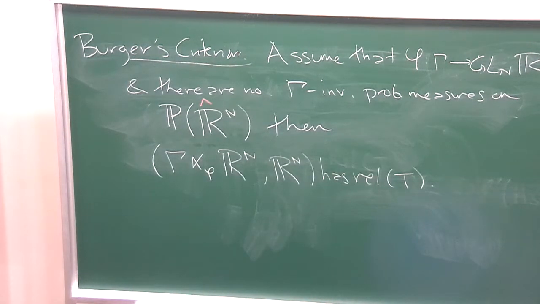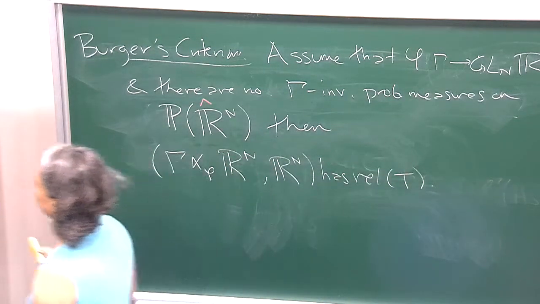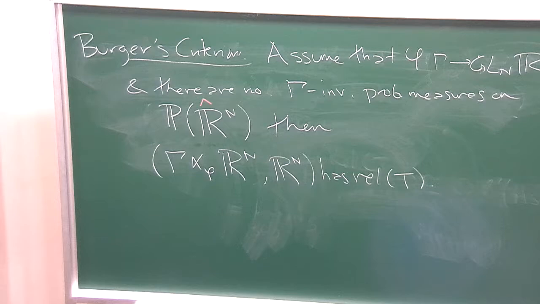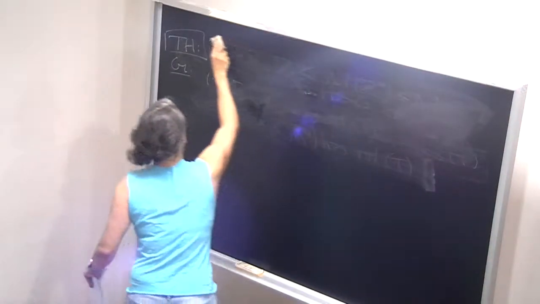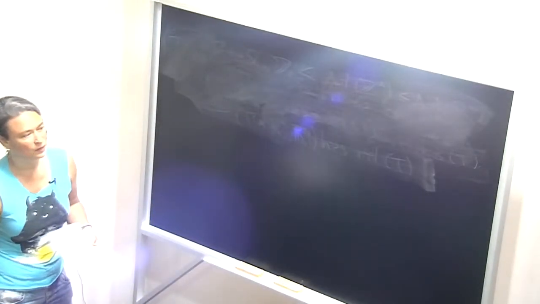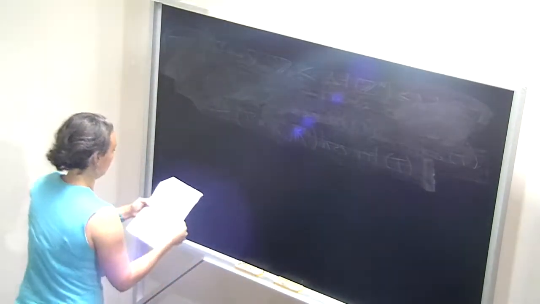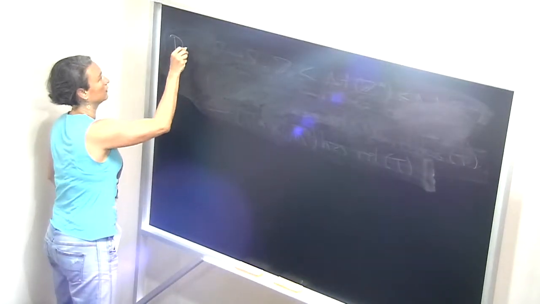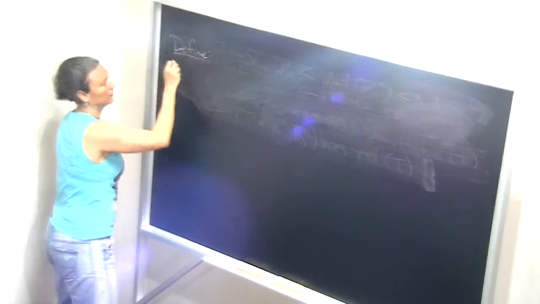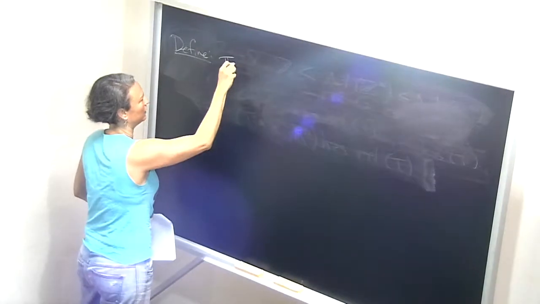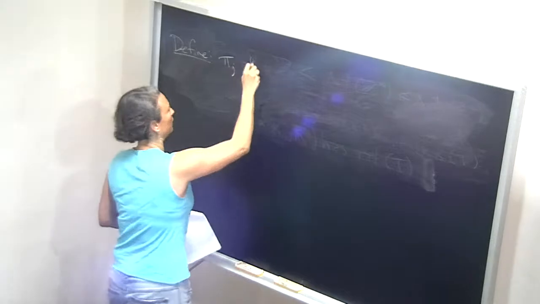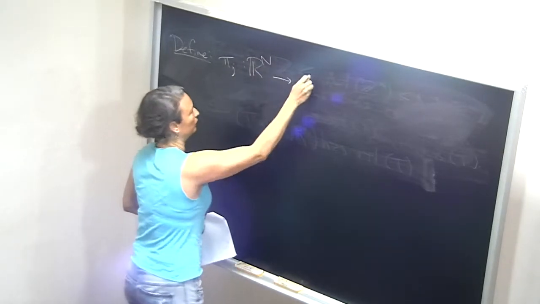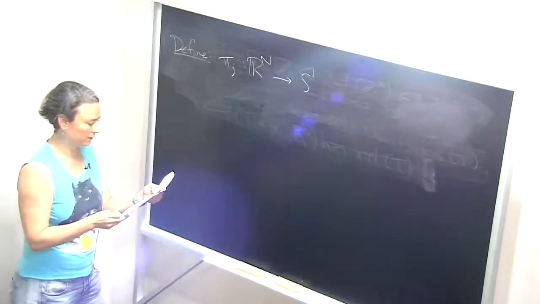So what am I going to do? I'm going to now define pi sub j, which is going to be a map from Rn to S1. So it's going to be a character.